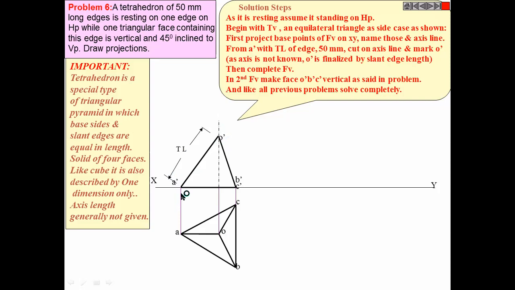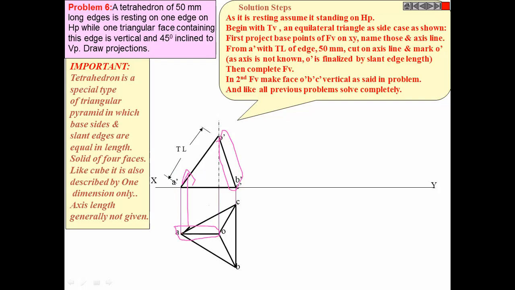See, these two are not showing us the true length. Understand carefully here. This line is not showing us true length. Only this line is showing us true length in front view. Understood? Why is it so?